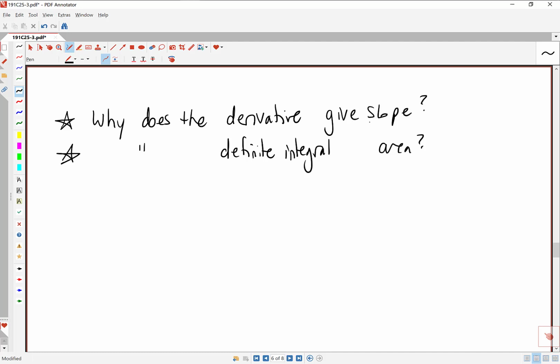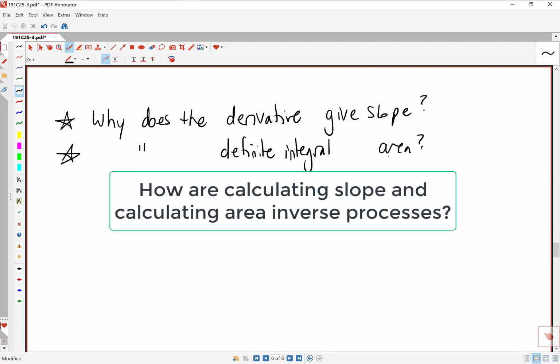What's a little strange from an intuitive point of view is how are slope and area inverse ideas? So without getting too technical, I just really want to get to the intuition behind this and try to answer the question as to how calculating a slope and calculating an area can be inverse processes.